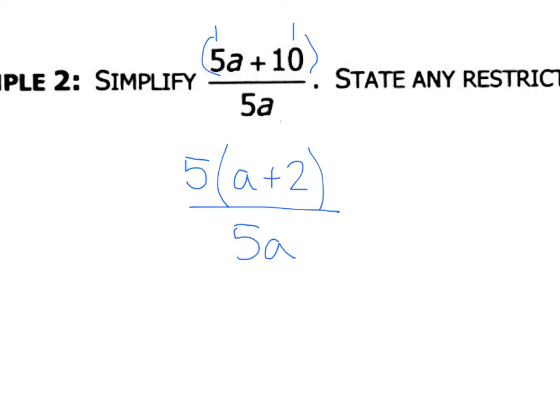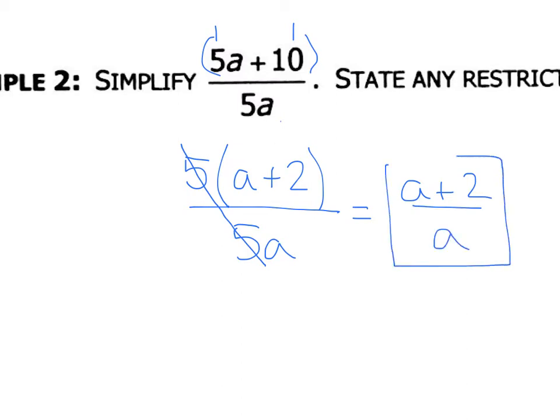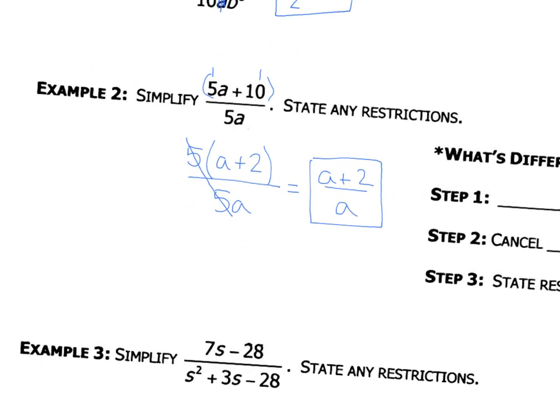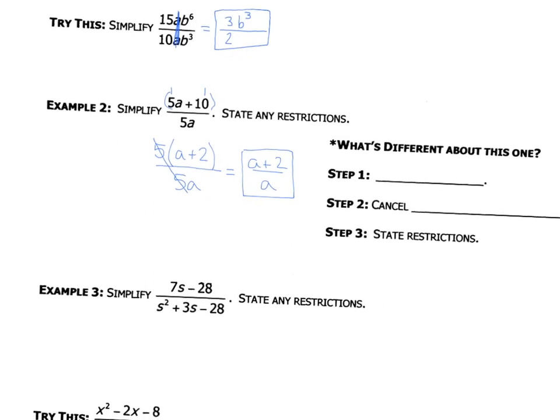Now you have common factors, and now I can cancel those common factors out, leaving me with a plus 2 over a. That is that rational expression simplified. Okay, so what did we do? What was different here?